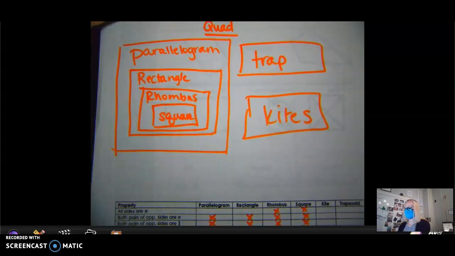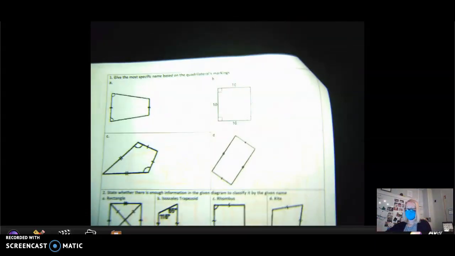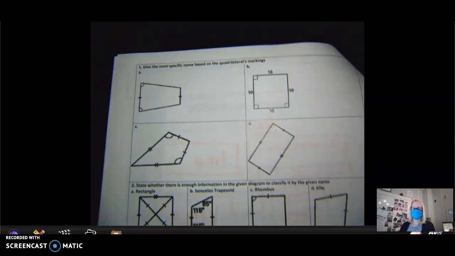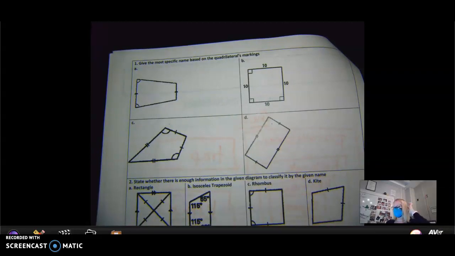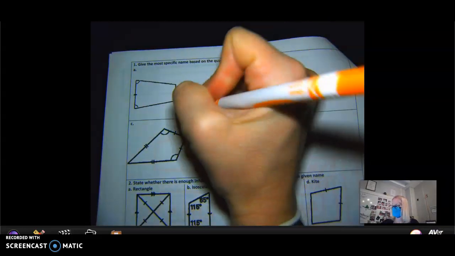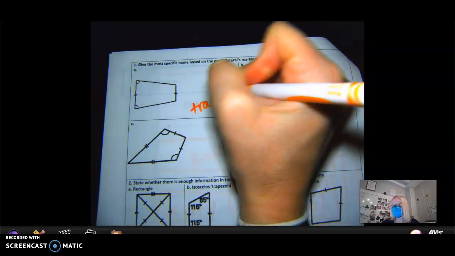All right, next page. Give the most specific name based on the quadrilateral's marking. So try A, B, C, and D on your own. What'd you guys say for number 1? We can be more specific.